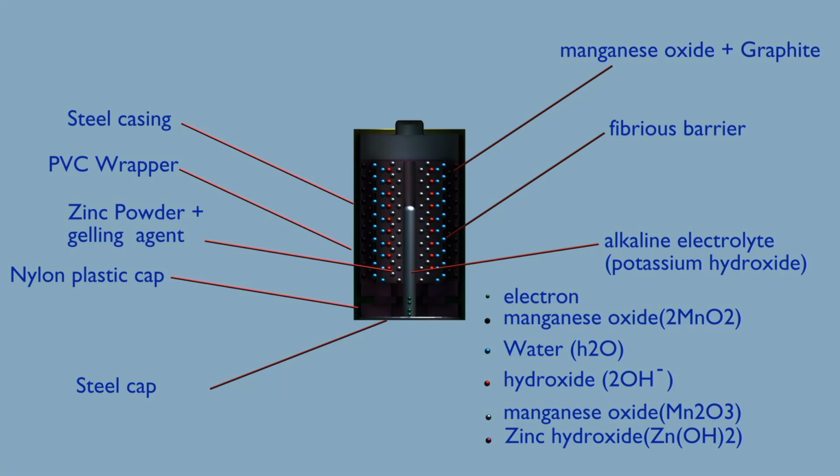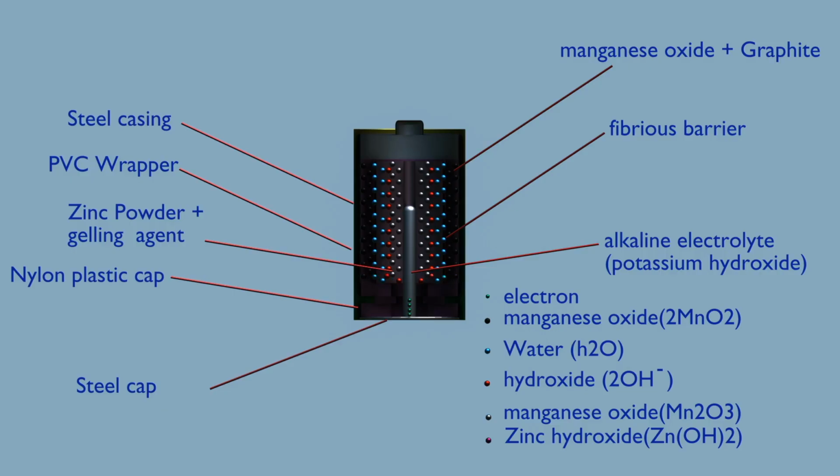At the same time, manganese oxide reacts with water and free electrons in a reduction reaction, forming a slightly different compound and releasing hydroxide ions back into the electrolyte. These ions move through the separator, maintaining the reaction cycle.